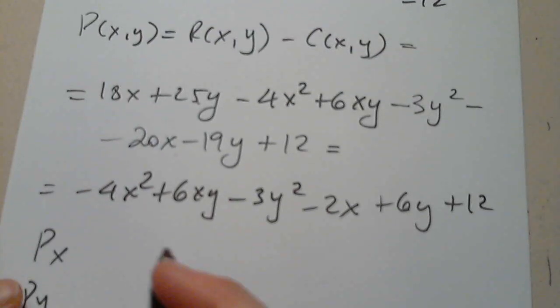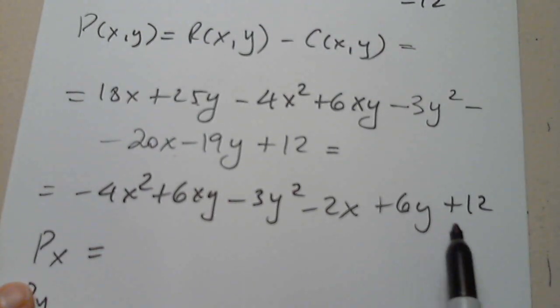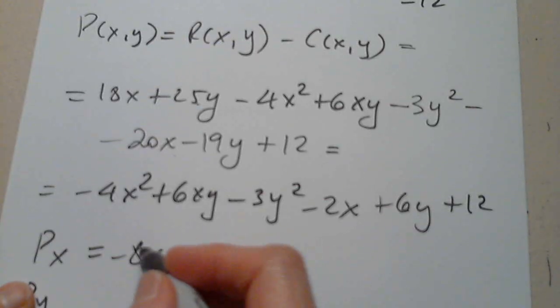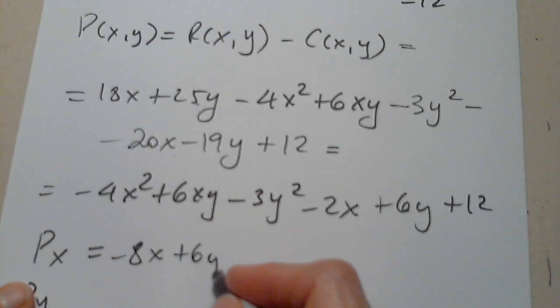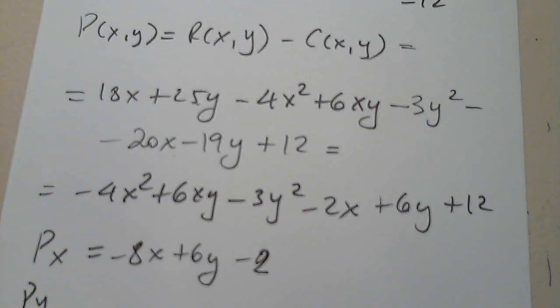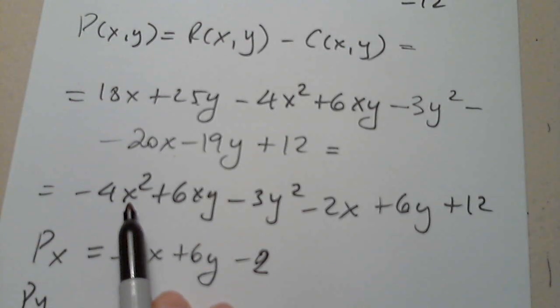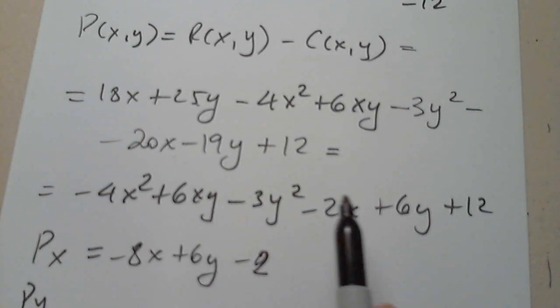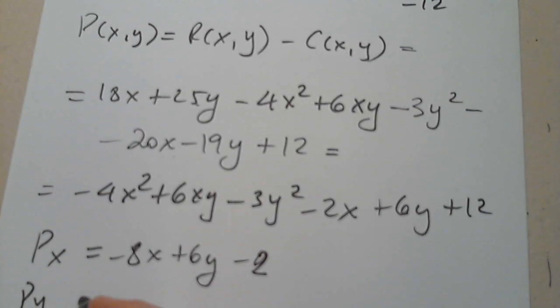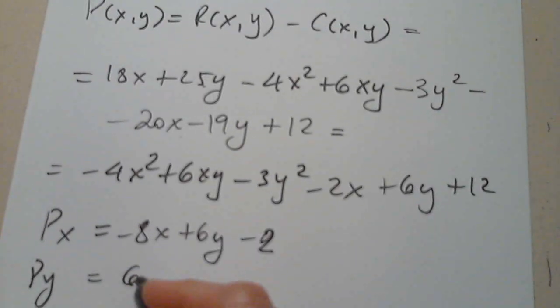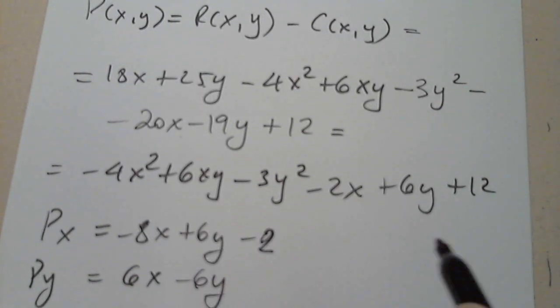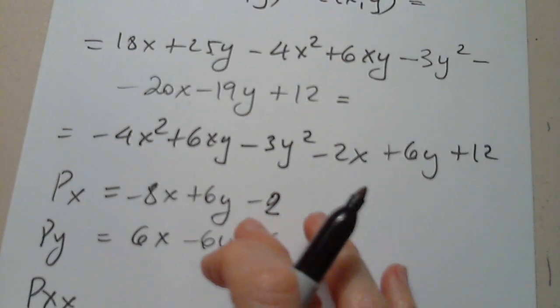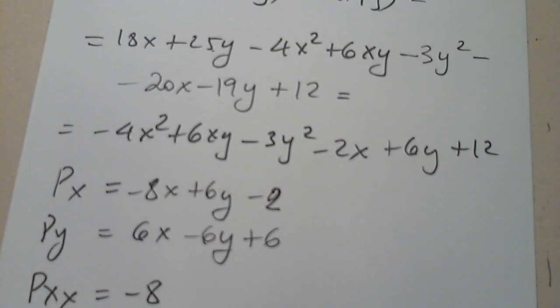Okay, so first I have to find Px. Px is negative 8x plus 6y minus 2. Py is 6x minus 6y plus 6. Pxx is negative 8.